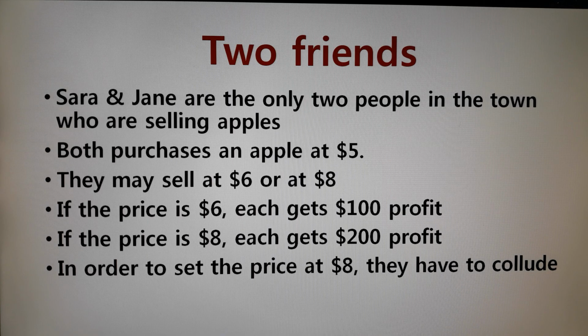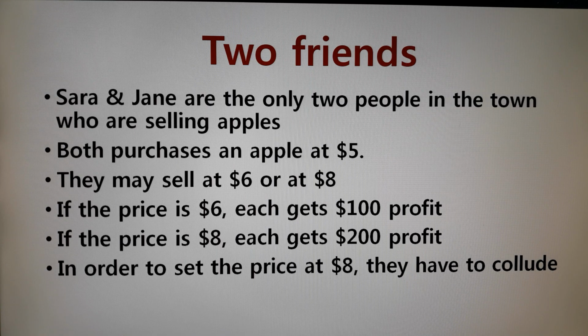So Sarah and Jane have dinner together with wine and everything. Sarah says, Jane, are you making much money from the apple business? Jane says, you know very well we cannot make a lot of money because the price is low. We are purchasing at $5, but we are selling at $6. How in the world can we make a lot of money? And Sarah says, that is my point.